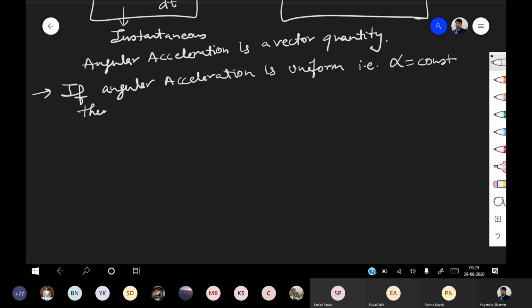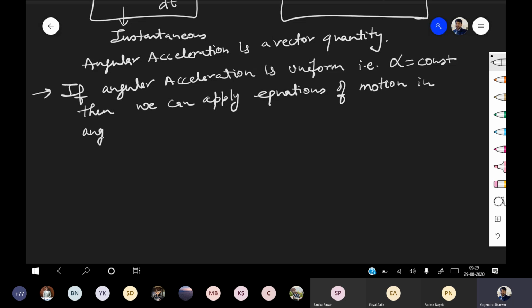Then we can apply equations of motion in angular motion also.